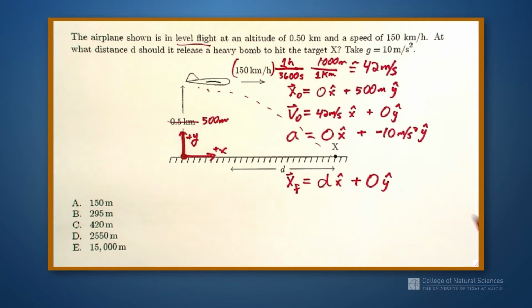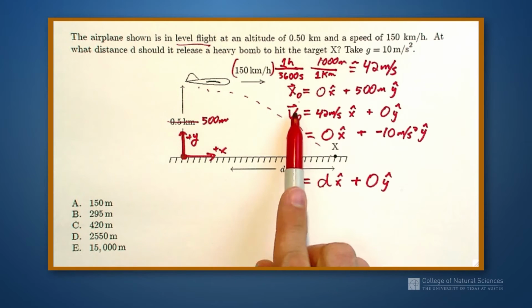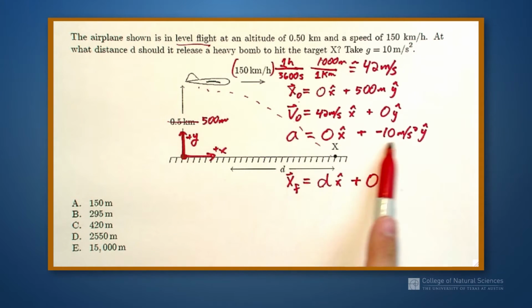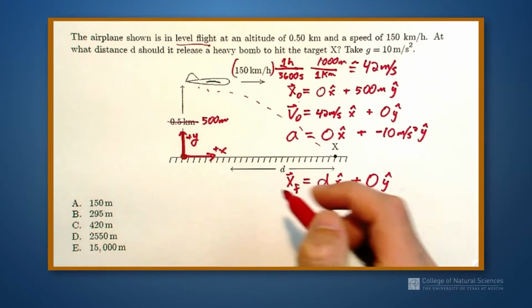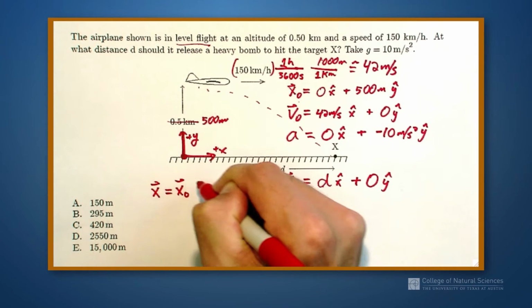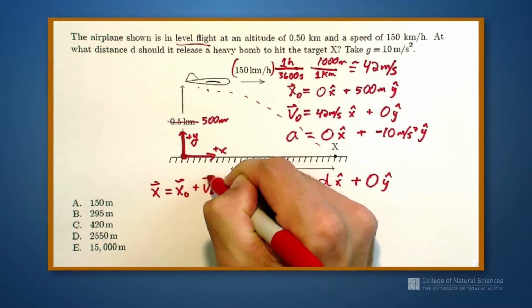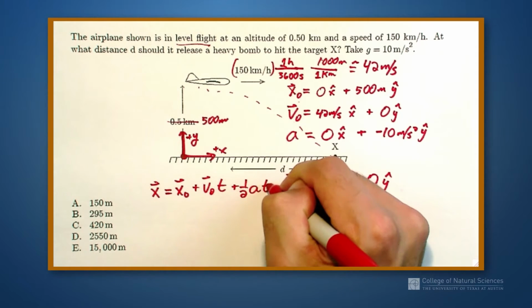All right, I look at these equations and I have initial and final positions, initial velocities, and accelerations. My acceleration is constant. It makes me really want to use the equation x equals x naught plus v naught t plus 1/2 a t squared.